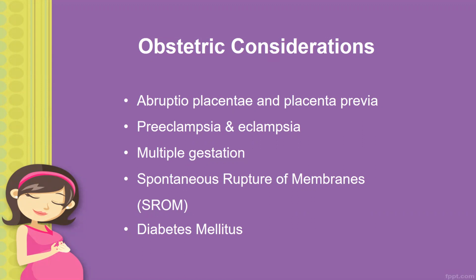So with any type of spontaneous rupture of membranes, whether it's preterm or at term, we want to definitely limit the number of vaginal exams that are done for mom, because every time something is introduced into the vagina, there is now no barrier, and bacteria can enter in that way and cause infection.